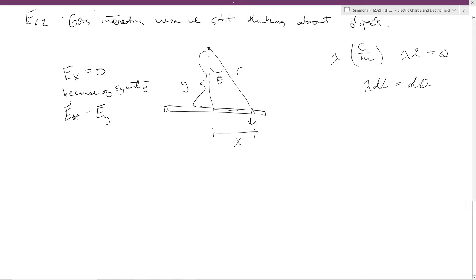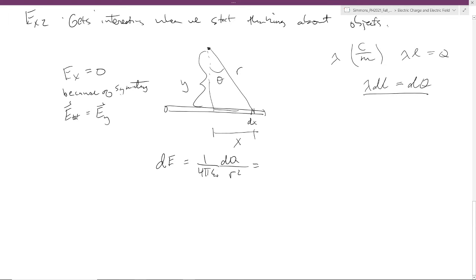So what we also need, we want our differential electric field contribution. So it's going to look just like Coulomb's law. 1 over 4 pi epsilon naught, we need our dq over r squared. Now, we can substitute in this piece of information.